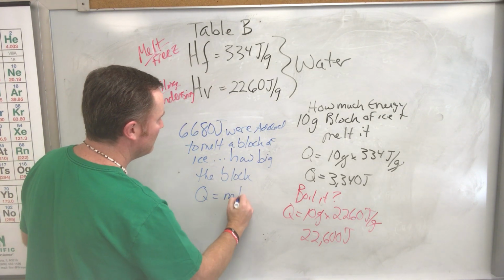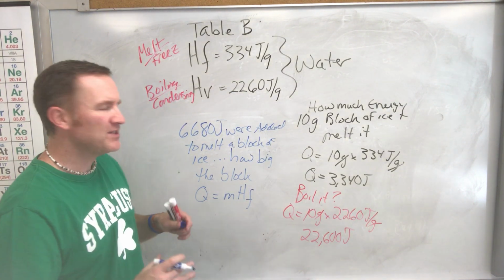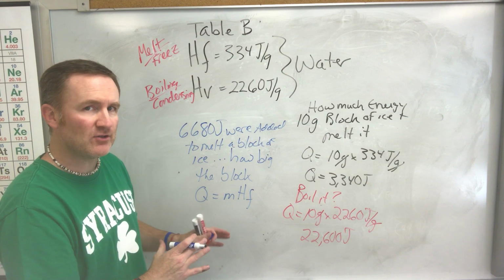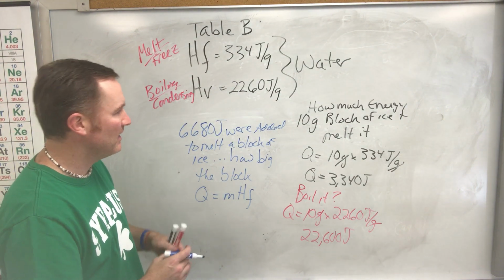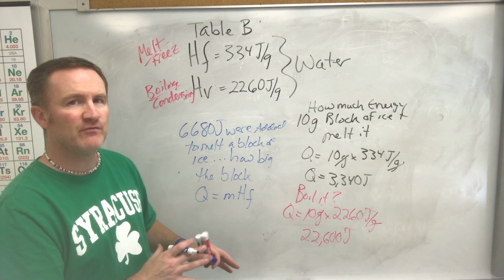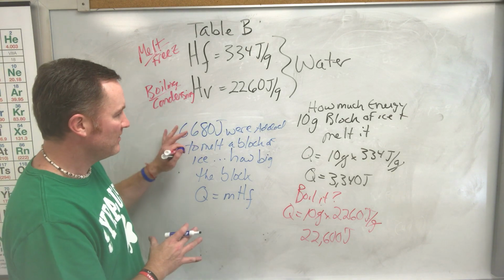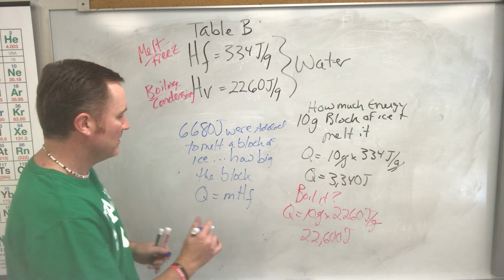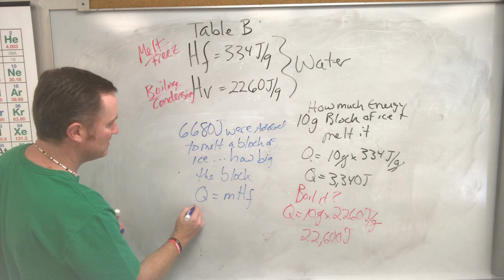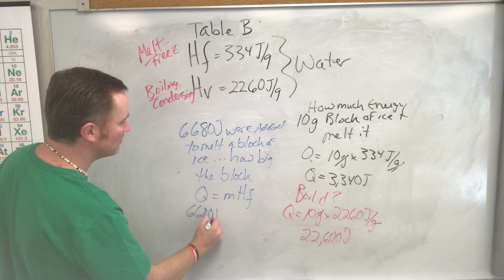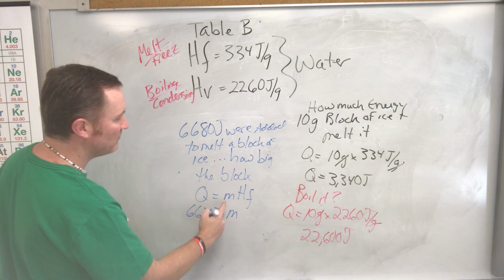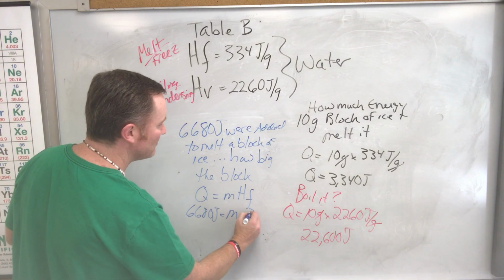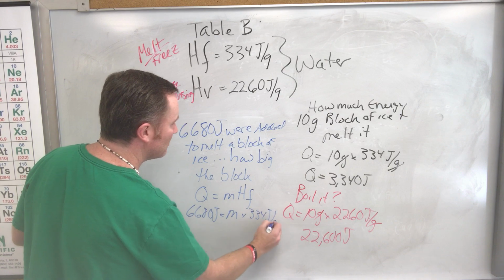So again, we're using the same formula, Q equals mHf. Notice again, there's no temperatures listed here, so I'm not going to be using Q equals mCΔT. I only use Q equals mCΔT if we talk about change in temperature. There is no change in temperature in melting. There's no change in temperature in boiling. So my Q is 6,680 joules, I'm trying to solve for m, and I know my Hf is 334 joules per gram.